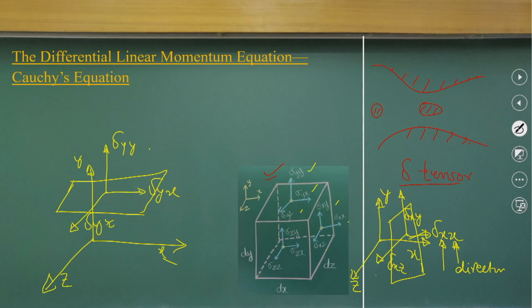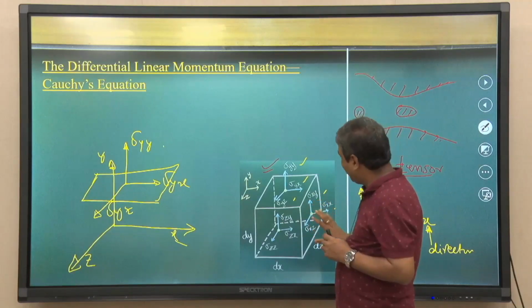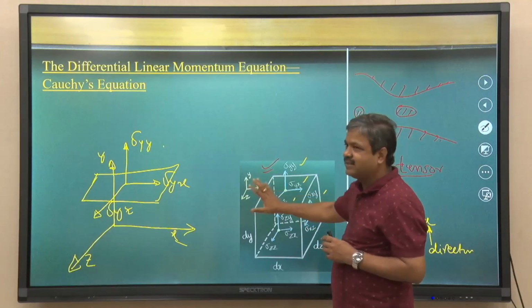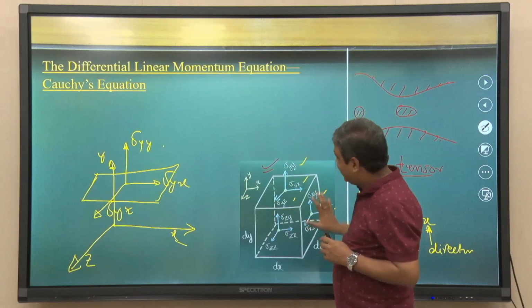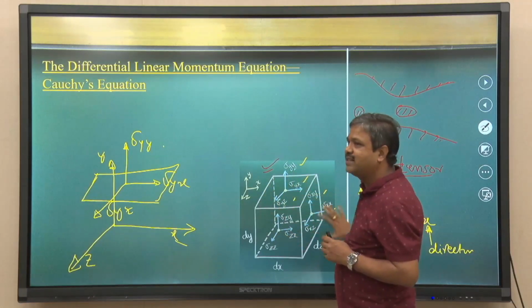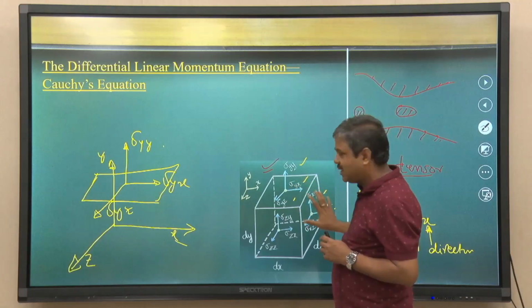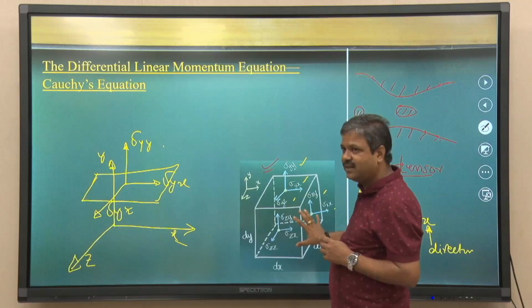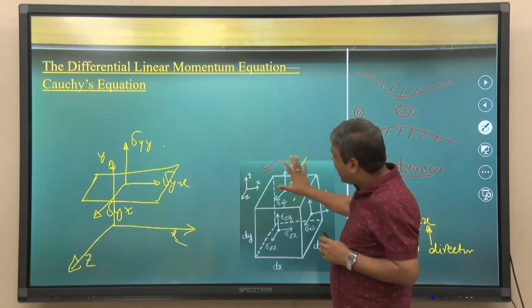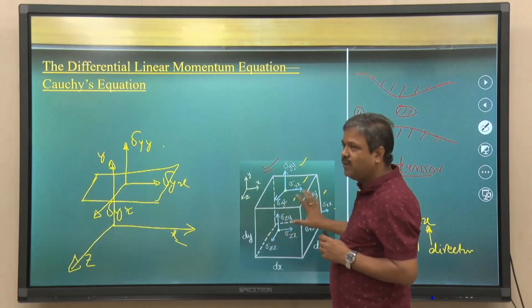Now, if you try to understand this, the stress is nothing else, it is the internal resistance force per unit area. That is what we are defining as the traction components. We are defining the internal resistance force that is happening. I have considered a small, infinitely small control volume, and in that I am defining the stress field. What do you mean by that?